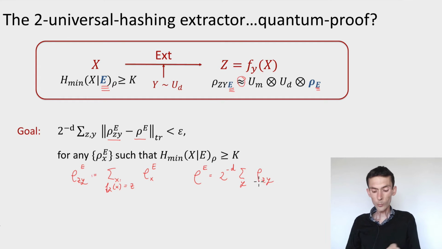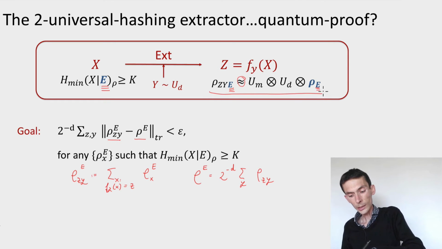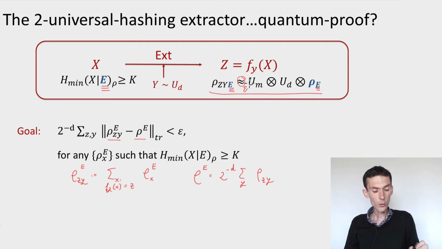Note that this could a priori depend on z, but because my functions are two universal, in particular they're one universal, you can check that in this way I always get the same density matrix ρ_E independently of z. So if you rewrite this condition explicitly here, where the distance would be measured up to error epsilon in trace distance, then you get exactly the condition that I've written here.